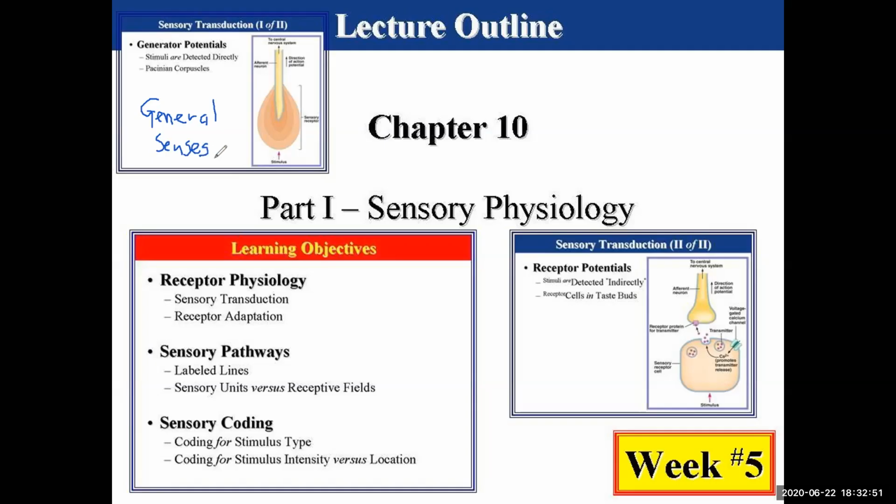So one of the four general senses is pressure, and Pacinian corpuscles are conveying pressure perception to the brain.